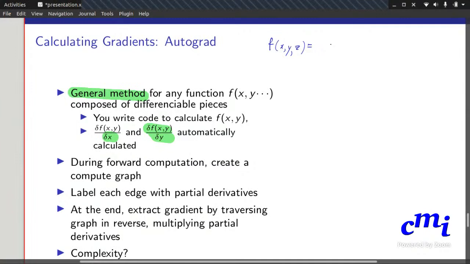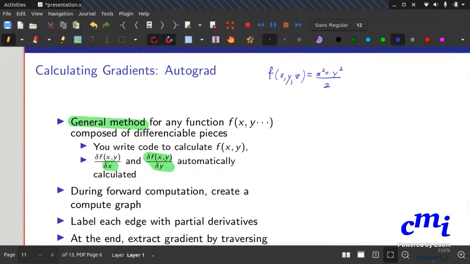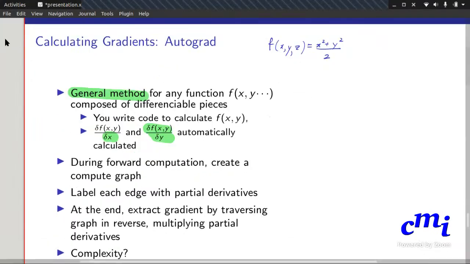Any suggestions from the audience? Otherwise, I'll just pick something. Yeah. X squared plus y squared, whole by 2. Is this the function? Okay, let me make this slightly more complicated. I'll just say 2 times x.